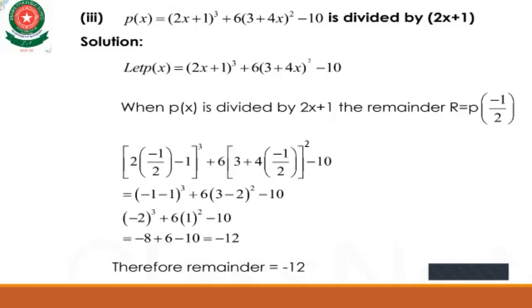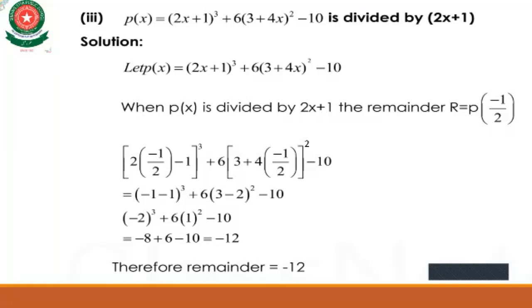When p of x is divided by 2x plus 1, the remainder r is equal to p of minus 1 by 2. As we have done in the previous question, 2x plus 1 is equal to 0. We shift 1 from left to right, that will change positive to negative. Then the value of x is equal to minus 1 by 2.